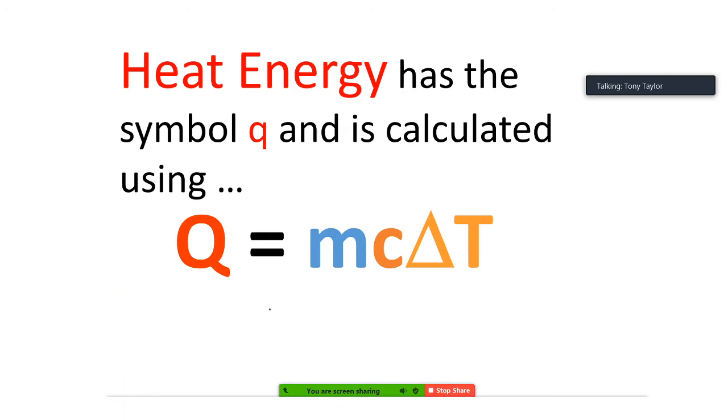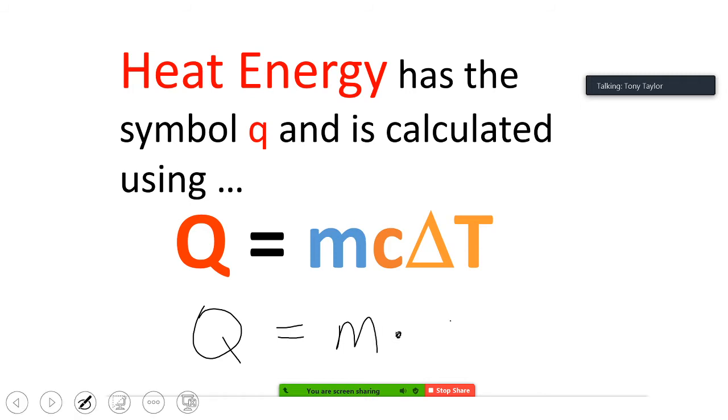In just a moment, we're going to explain what each of these terms means. So Q is equal to M times C times delta T. Write this equation down, because this is the equation we're going to use today.